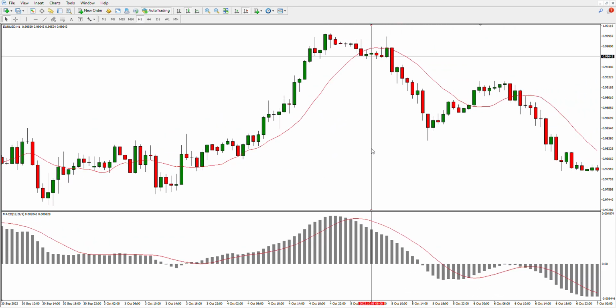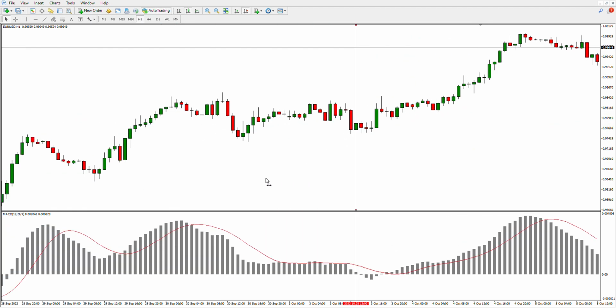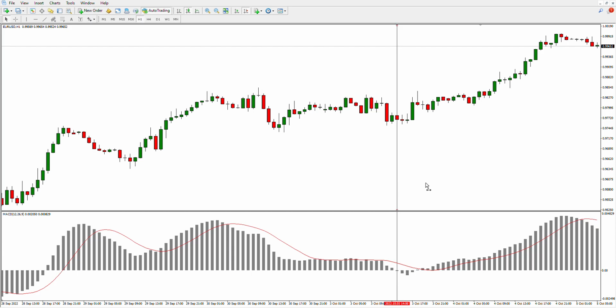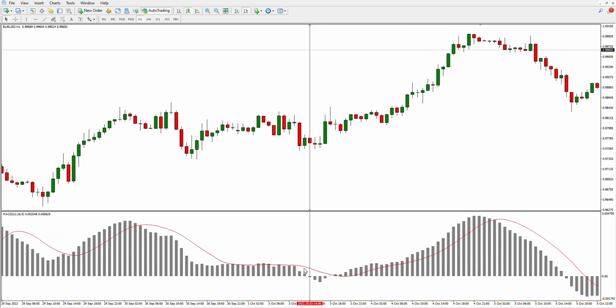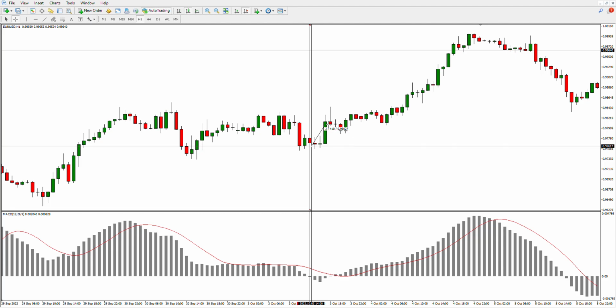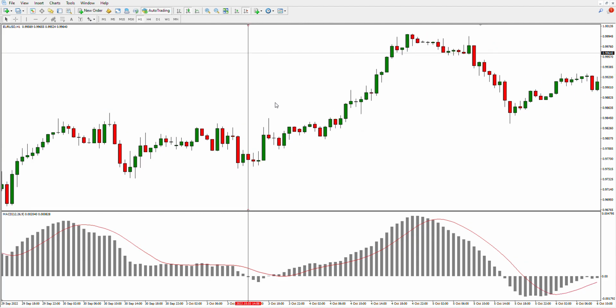The other way to trade the MACD is simply when it crosses the zero line. So here, again, it emphasizes using one indicator on its own is not ideal. If you would have entered blindly on the MACD crossing the line there, you would have been instantly in a loss, so it would have been a bad entry.